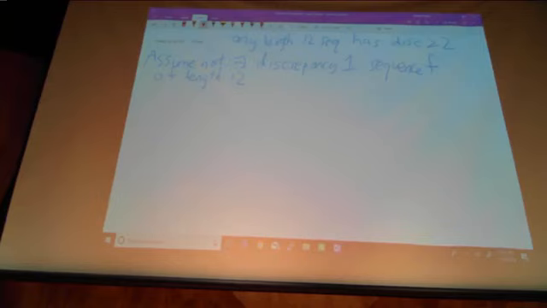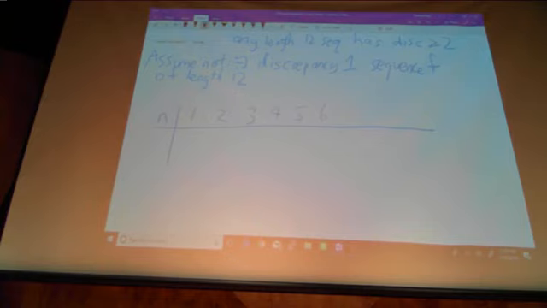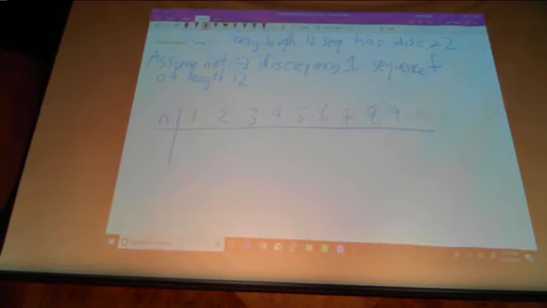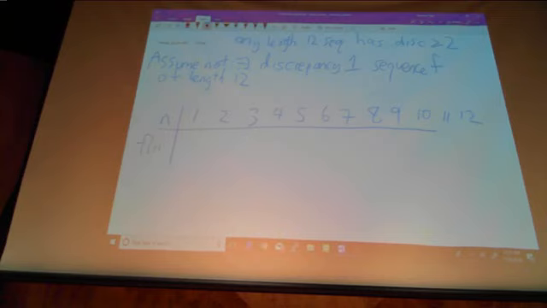What we're going to do is make a little table here. Is that readable mostly? And we're going to try to understand what f is.